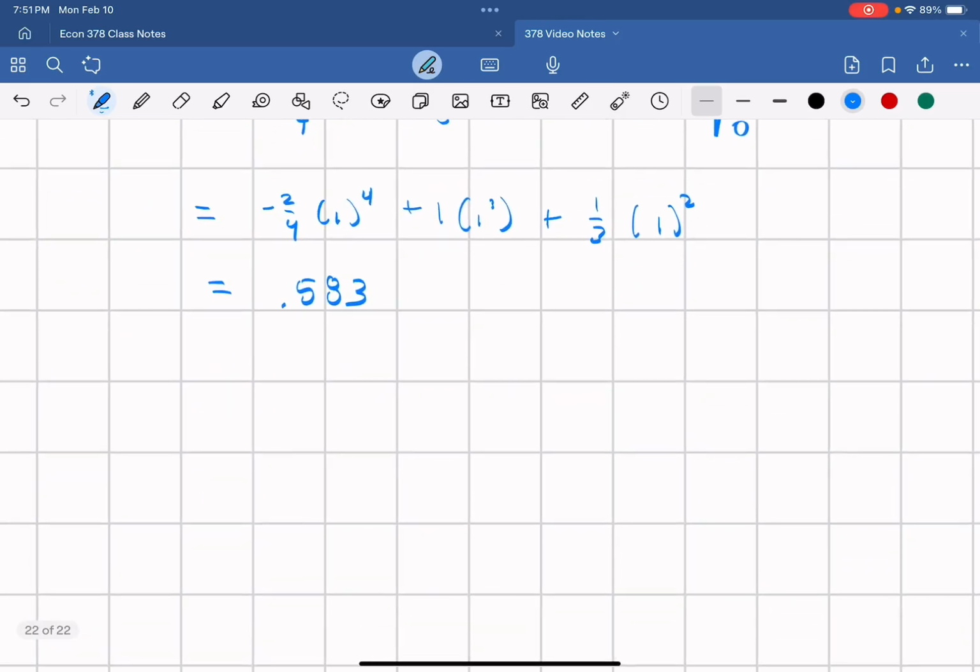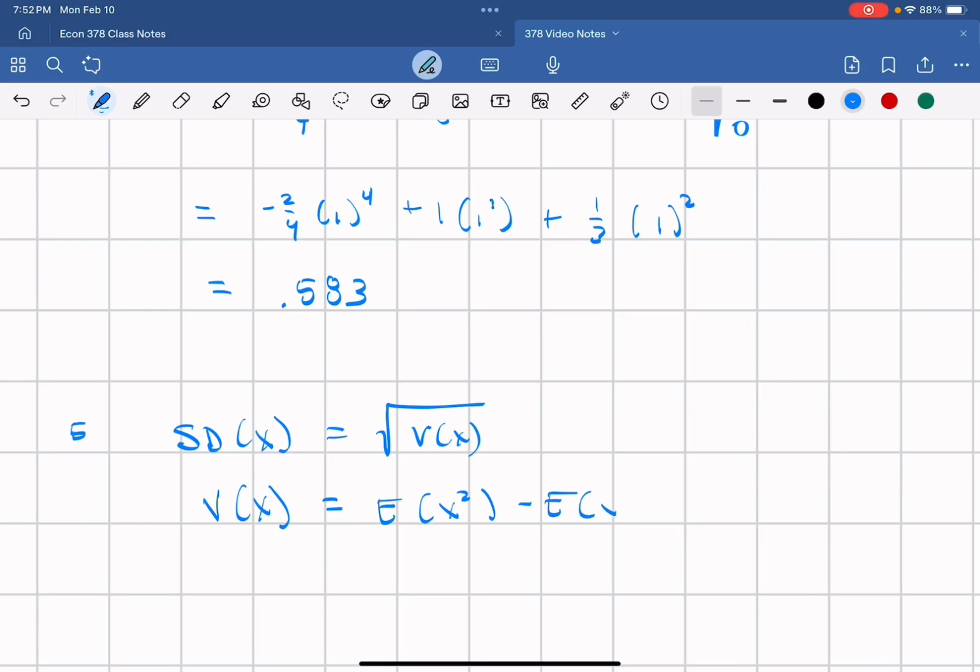Okay, now let's go find the variance of x. Or actually the standard deviation, but let's remember the standard deviation is just equal to the square root of the variance of x. And then the variance of x, the equation we know, is equal to the expected value of x quantity squared minus the expected value of x outside squared.